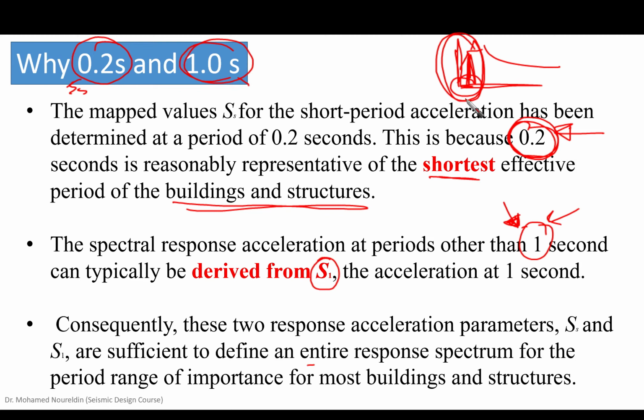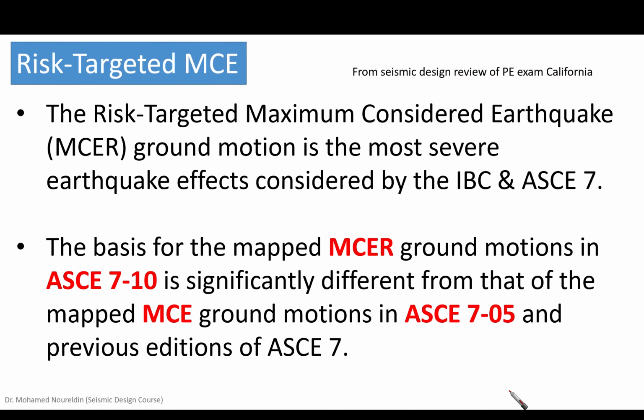You're going to see now, to draw this response spectrum, I'm going to give some portions, and each portion is going to be defined based on S sub S or S sub 1 in some way. So they are sufficient for the period range of importance for most buildings and structures.